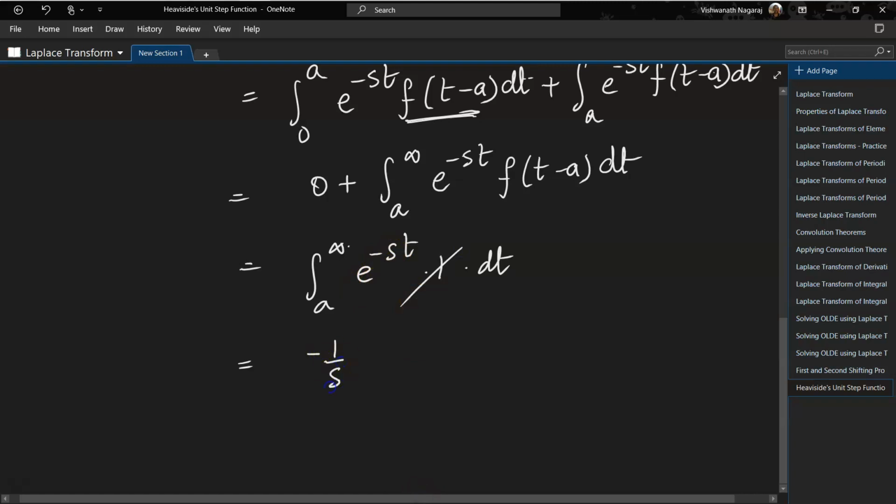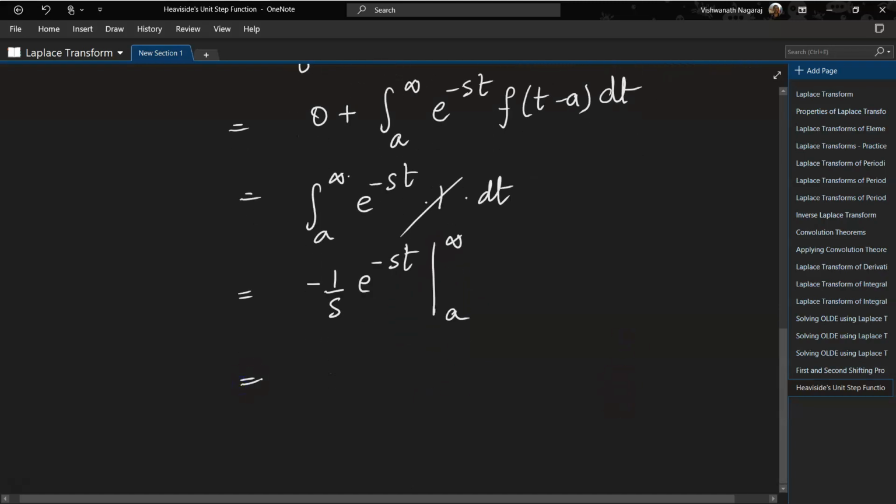Minus 1 by s e to the power of minus st, and the boundary is a to infinity. Let's do the substitutions. Minus 1 by s, remember at infinity it goes to the denominator, so it becomes 1 by infinity, which is 0.